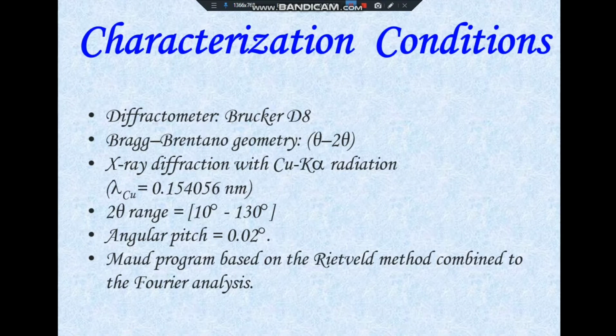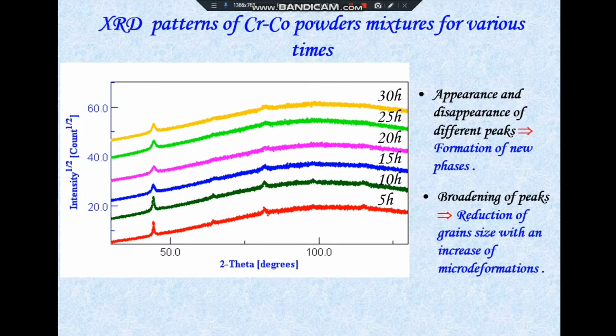Now we jump to some results. As we can see here, XRD patterns of CrCo powders mixture for various times. We notice appearance and disappearance of different peaks, which means a formation of new phases.